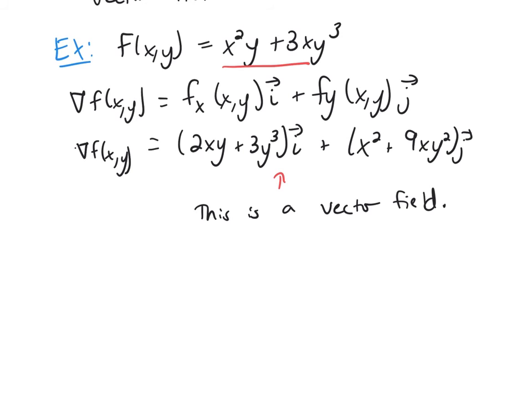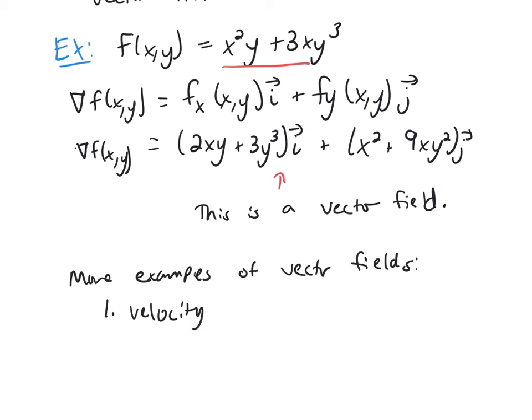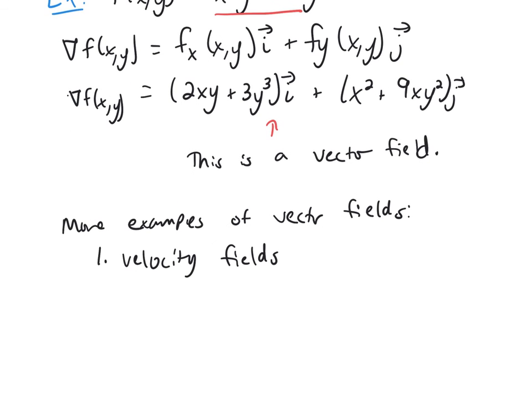There are a lot more physical examples of vector fields. So the first one being velocity fields. The second one, gravitational fields.